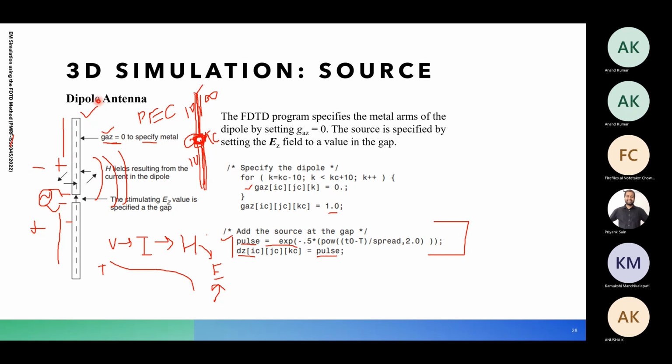So this is a Gaussian pulse exciting the two arms of the antenna, and then this antenna radiates. So this is how the simulation will function. Are you able to follow me? So this point excitation is exciting the arms of the antenna, and since they are conductors, all the electric field values will come at the same potential when we give a potential over here.